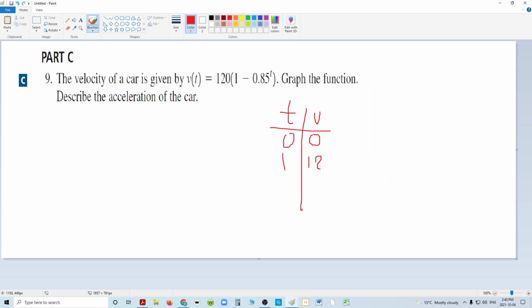If we look at time 2, the speed, and you might say, why is the speed going up? Because this fraction is actually going down as time goes up. Because anything below 1 to the power is going to be a decay curve. So this is going to get bigger and bigger until close to a max speed of 120. So we're going to look at just time 2.